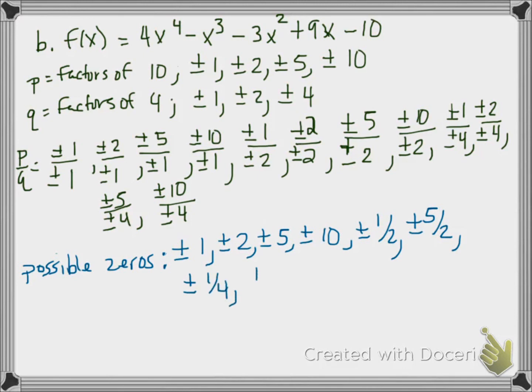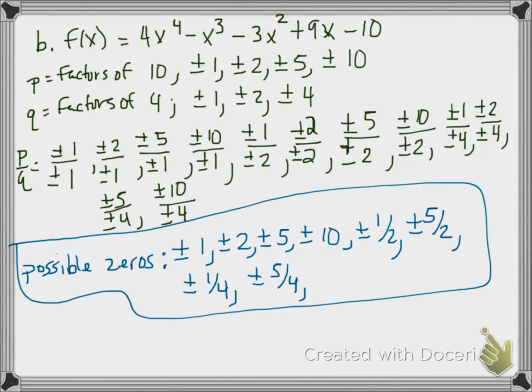Now remember, 2/4 reduces to 1/2. Don't I already have 1/2? I do, so I don't have to do that one anymore. Then we have 5 over 4, and 10 over 4 reduces to 5 over 2, so I don't have to rewrite that one. That right there is all the possible zeros that I would have for that equation.